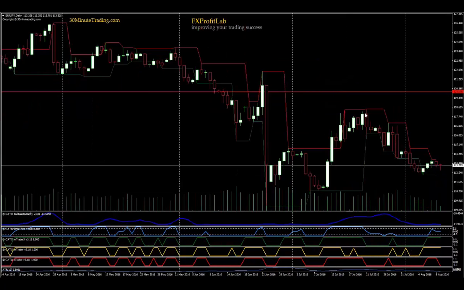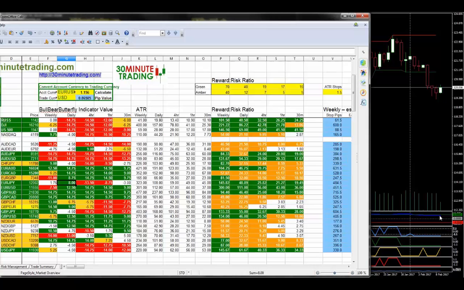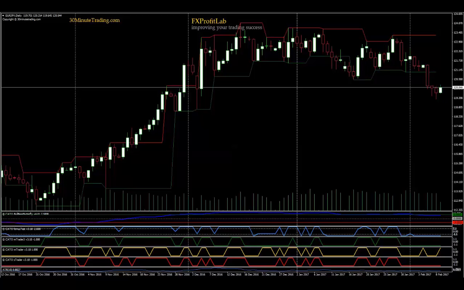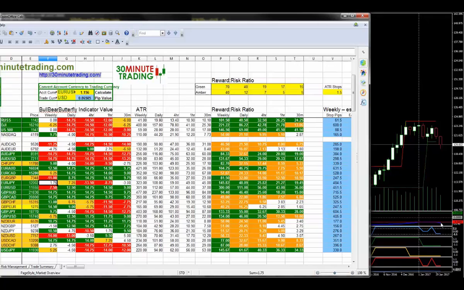Bring up the daily chart. Here's the daily. Currently we're reading plus 7.25. Let's look at it from the weekly point of view. And on the weekly, we're reading minus 10.5.